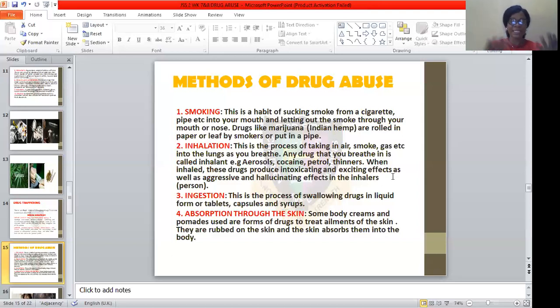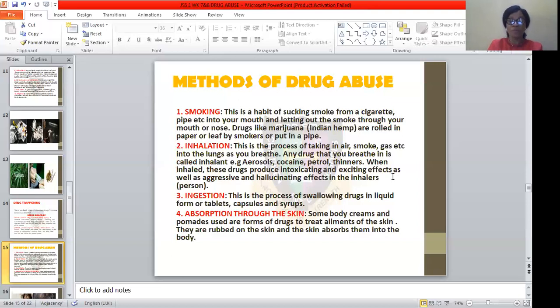The third method of abusing drugs is injection. This is the process of taking drugs in liquid form or tablets, capsules, and syrups. And the last one is absorption through the skin. Like I shared with us a moment ago, drug addicts that are using injection put drugs into their body system through their veins.